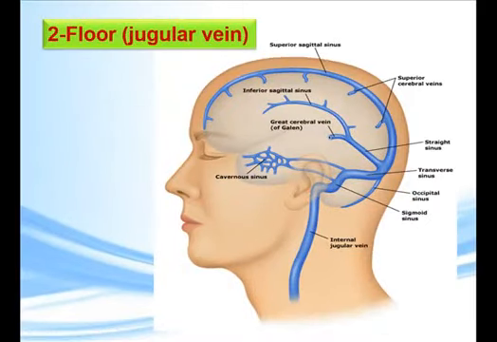Again, what is the floor? Can you remember? This is the superior sagittal sinus, which drains the brain. At the end of the superior sagittal sinus is what's called a transverse sinus. Then the transverse sinus becomes the sigmoid sinus. And here this sinus becomes the jugular vein in the neck.